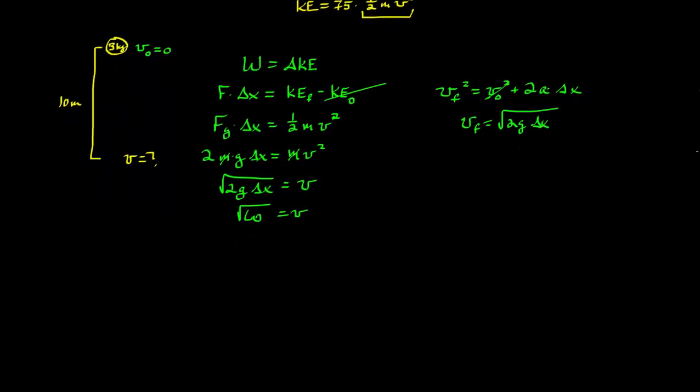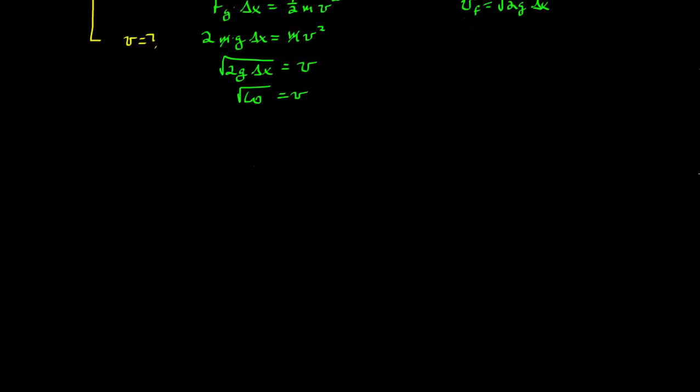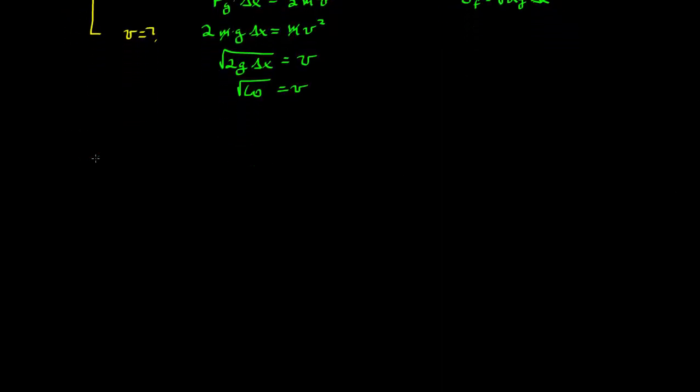All right, so I'm trying to think of another one. Let's say you have something that's moving, so it has a velocity of 2 meters per second, and then after some time period, or some distance rather, we don't even care.